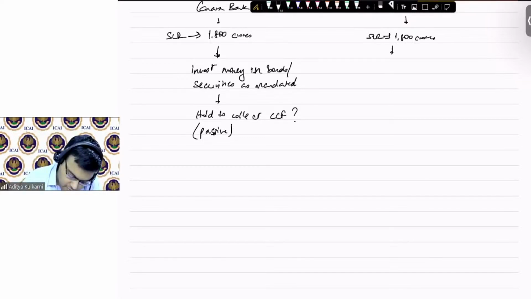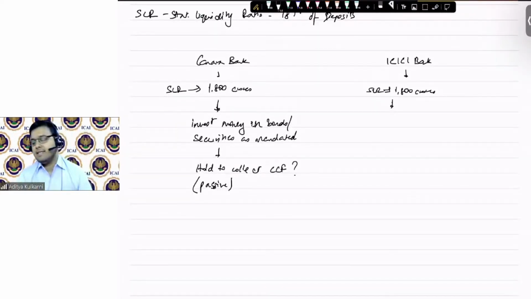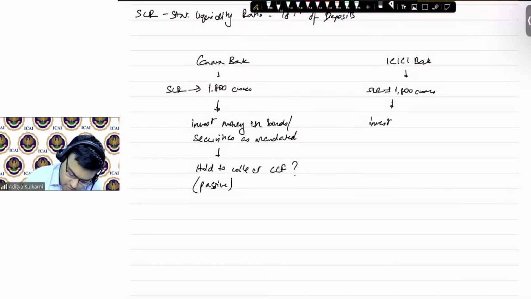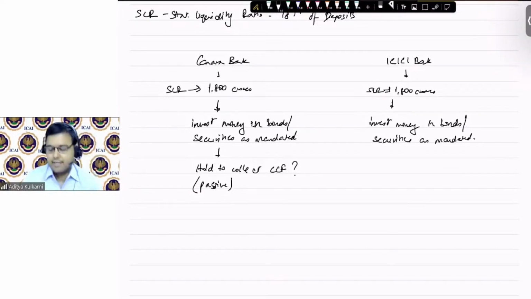As compared to that, let us look at ICICI Bank. This also invests money in bonds or securities as mandated.